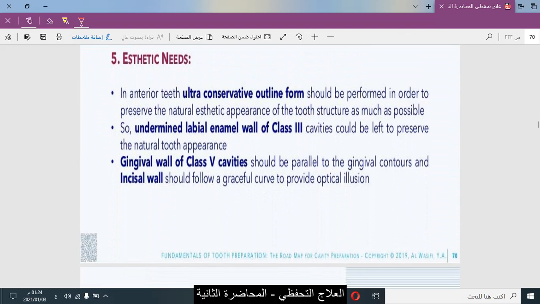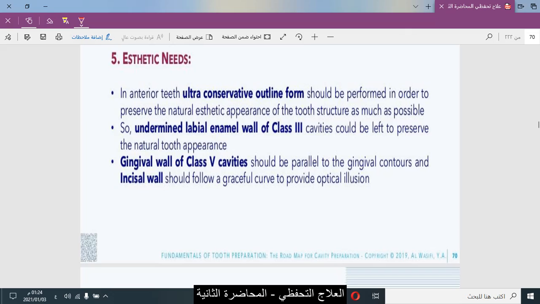Aesthetic need: an ultra conservative outline must be done, because the more conservative we are, the more we follow aesthetics. Undermined enamel wall: in class 3 caries it should be left. So any undermined enamel in the class 3 cavities from the buccal side is left because there is no suspected stress, so it is reinforced with the adhesive restoration.